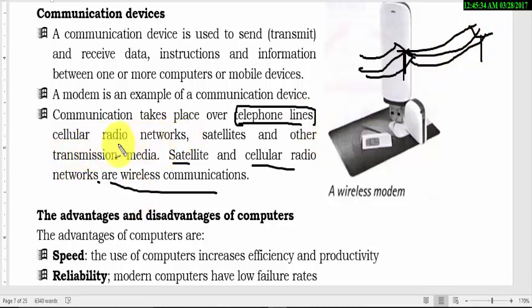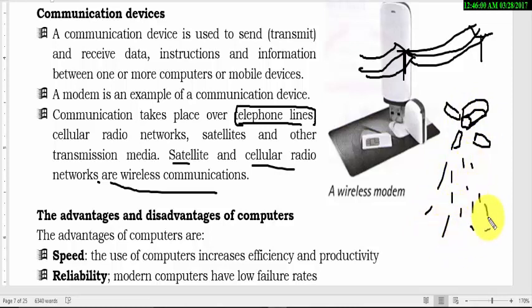radio networks use what we call the satellite. So we'll draw something very fast. A satellite looks like that. It is found in the sky. Then it sends the waves, what we call radio waves, to Earth.